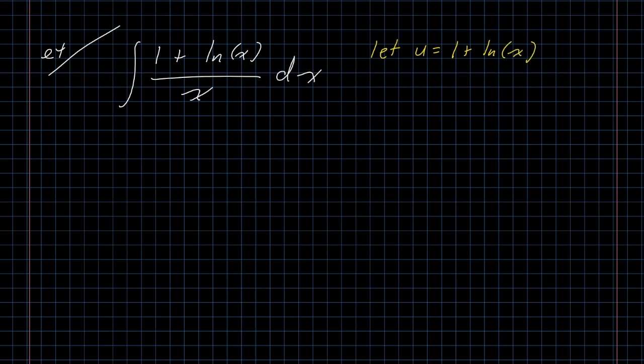But look at what happens if you set u equal to the numerator of this fraction. Well, the derivative of 1 is 0. The derivative of natural log of x is 1 over x.